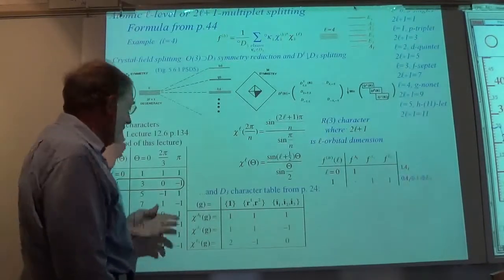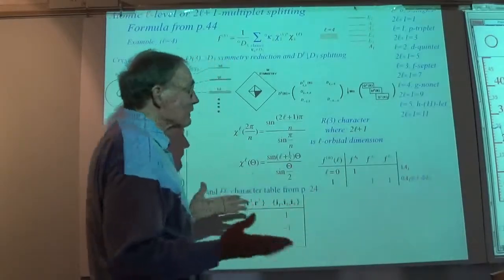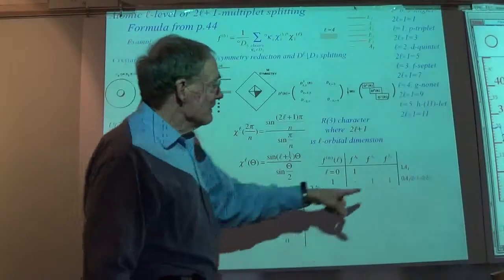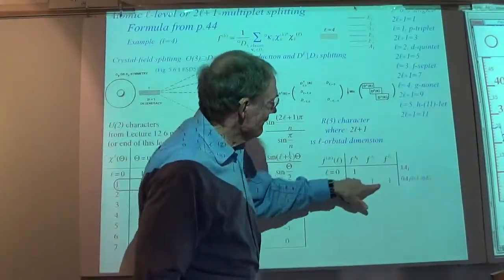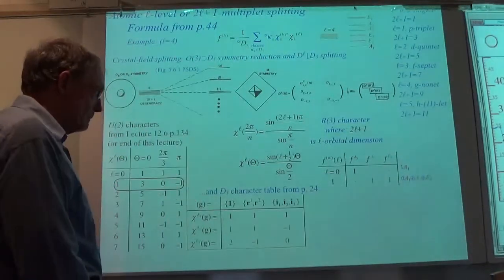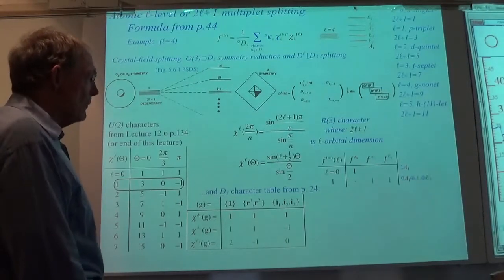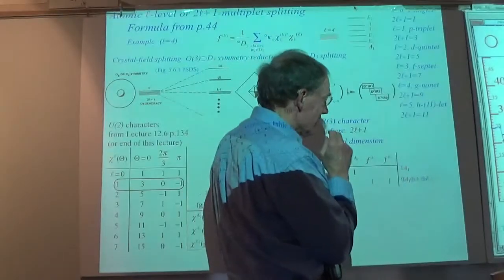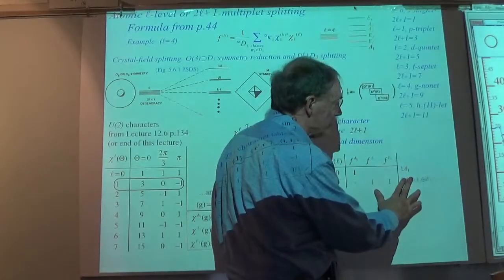Now, it's easy if you start with L equals 0. L equals 0 is clearly just A1. End of story. A single one of them. But what about this one? How did I get that? How do I know that the triplet is going to split into, forget the 0 here, A2 plus E1?